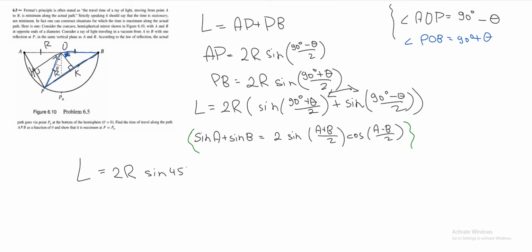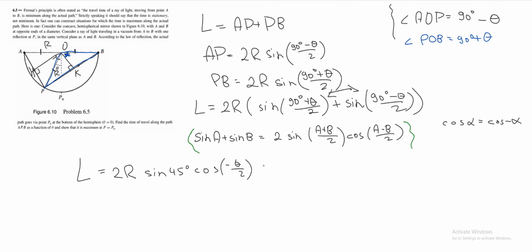And as for the cosine part, we're getting minus theta divided by 2, right? And we know that for cosine, it is true that cosine alpha is equal to cosine of minus alpha.